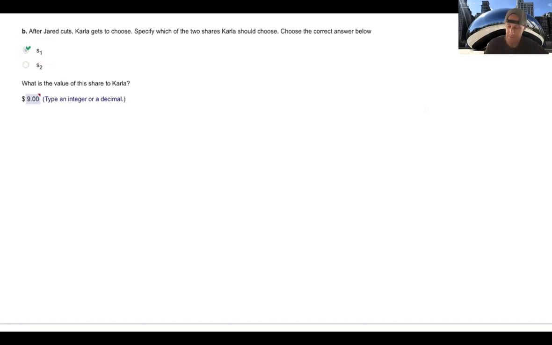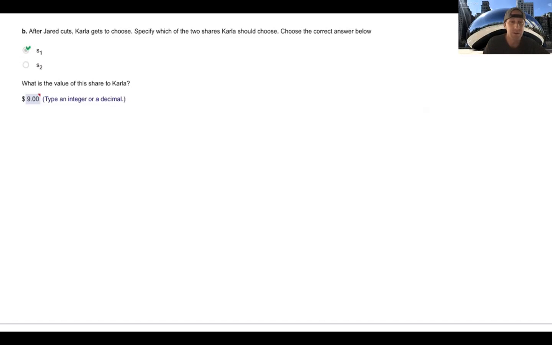Okay? So now what we need to do, the last thing, is what value of that share would it mean to Carla? So if we went backwards and she was the one that we actually did the dividing with, then remember, she has no value, no desire to eat meat because she's a vegetarian.